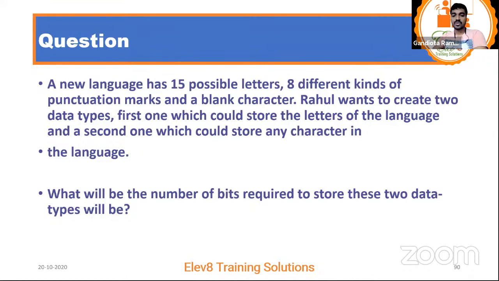The first one could store the letter of the language, and the second one could store any character in the language. How many bits are required for this?